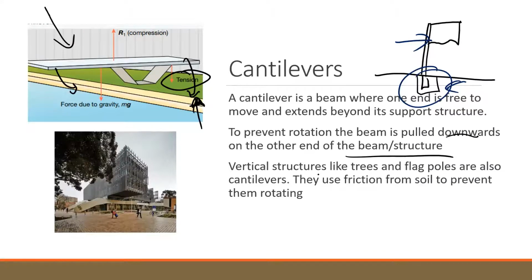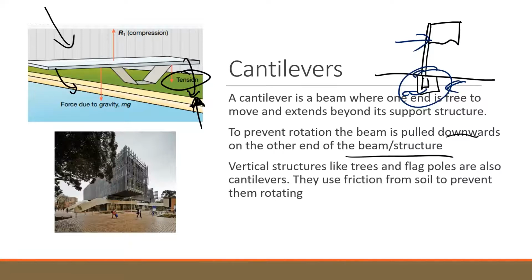Vertical structures like trees and flags are also cantilevers. They use friction from the soil to prevent them from rotating. So again, in order for this to rotate, it has to push against this soil. But ultimately, it's the same idea. One end of the structure is free to rotate, so you have to make sure that the other end of the structure cannot rotate at all.